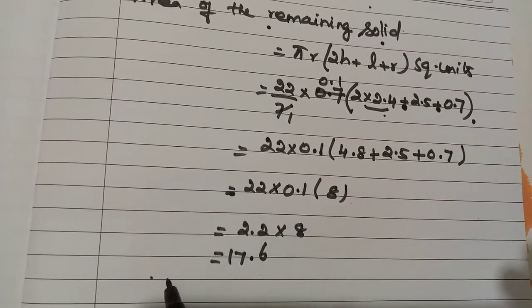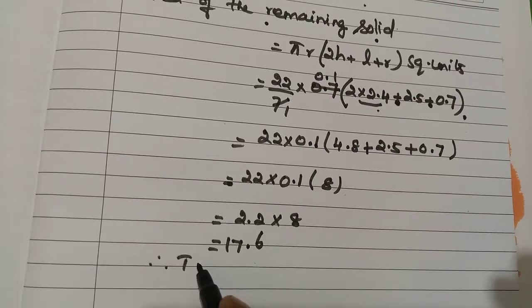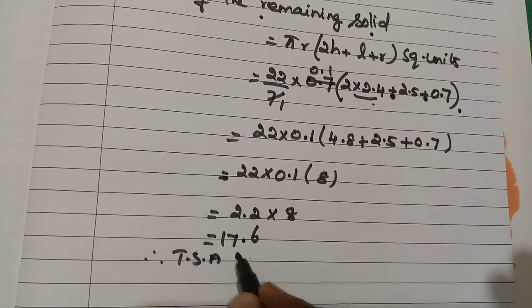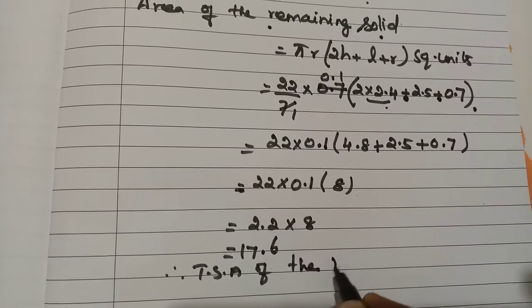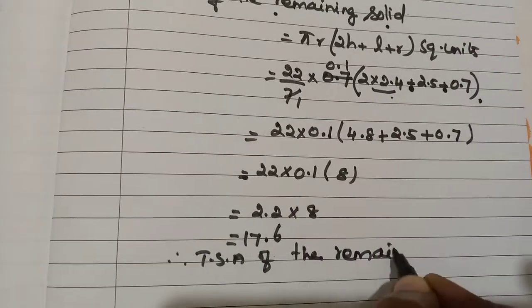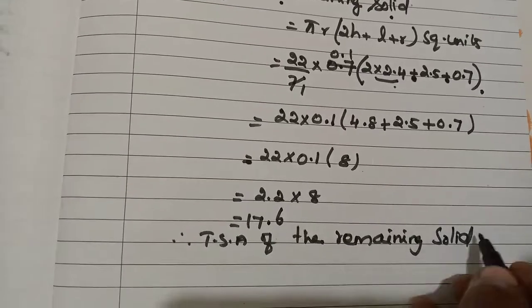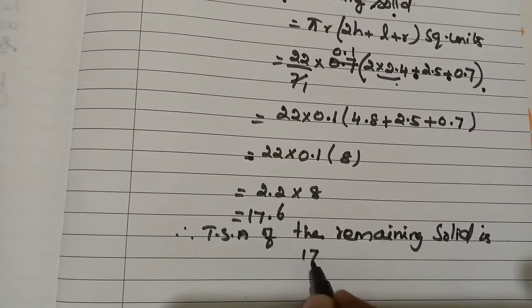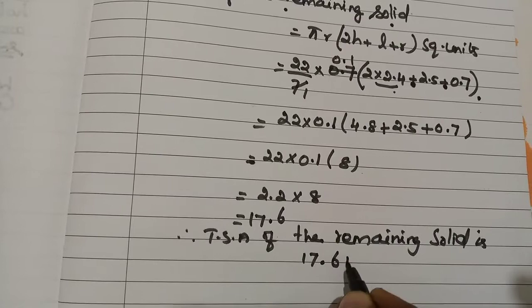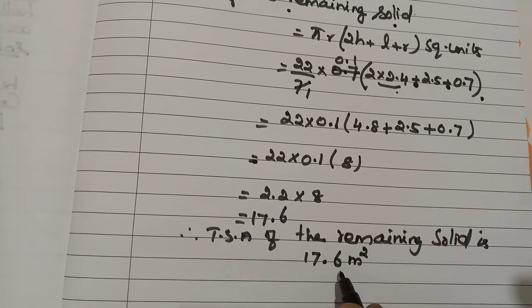Therefore the total surface area, TSA of the remaining solid, is 17.6 meter square. Okay, understood students?